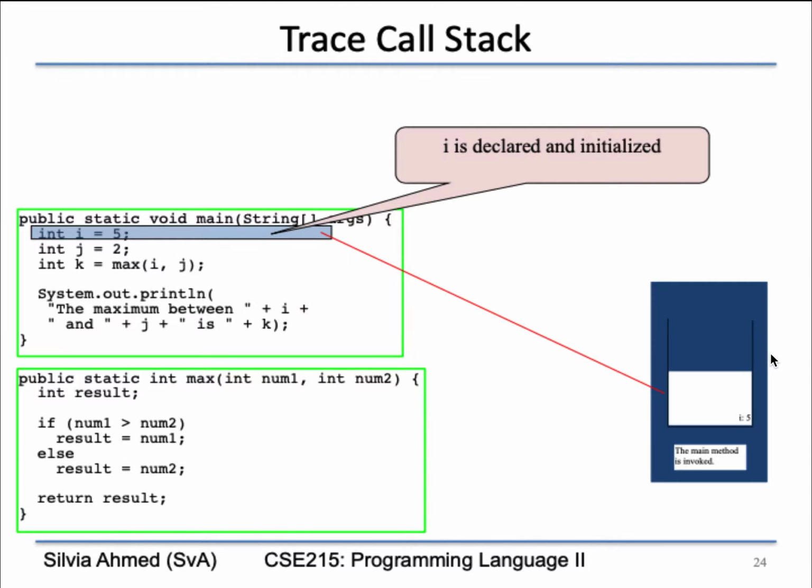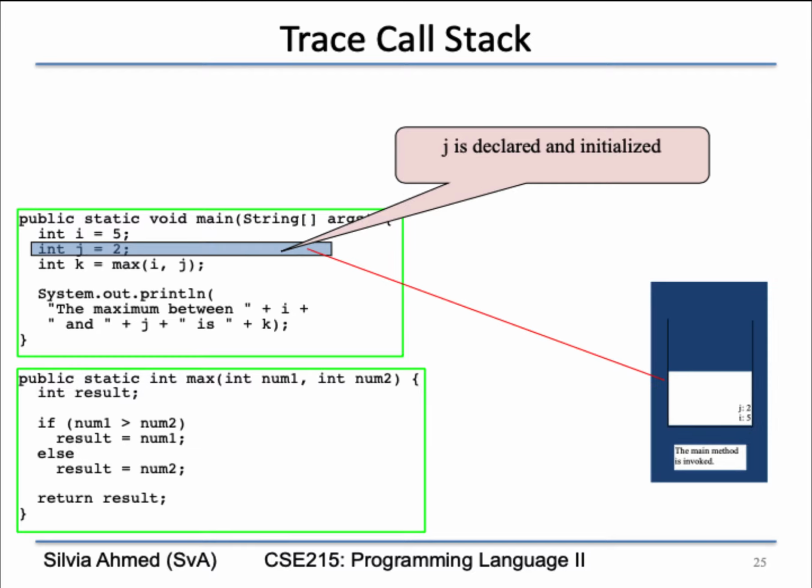Let's trace this program. At first, in the main method, we declare int i equals 5. So in our stack at the beginning, we have an allocated space for i and the value stored is 5. Then the next, j equals 2.